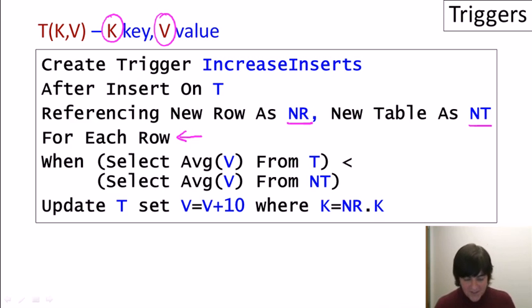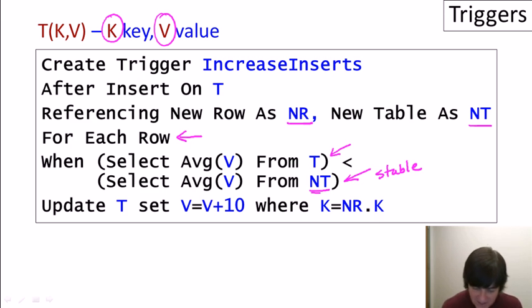Okay, so what is this trigger doing? It's going to process one inserted row at a time, and when it processes that row, it's going to check whether the current average value of V in table T is less than the average of the inserted rows. Now, one thing I want to say is that this value is stable, so even if we modify T, NT doesn't change.